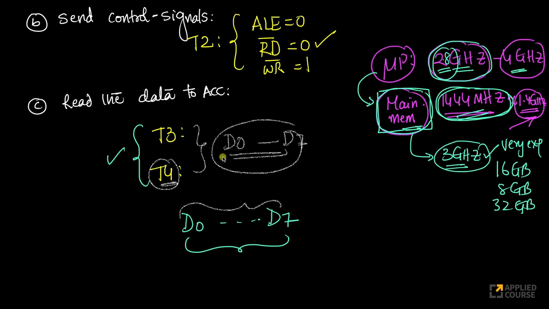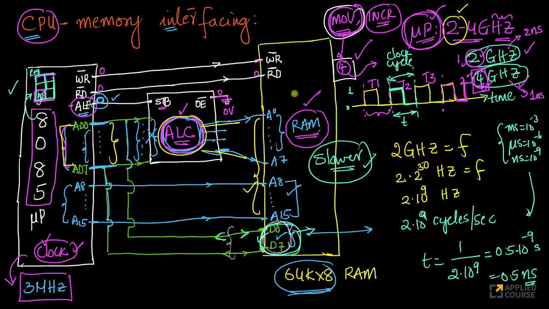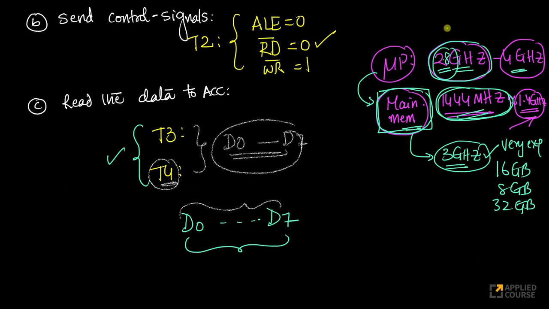So this whole thing is called the machine cycle. It's very, very important to get these concepts right. Remember that most RAMs are slower than your microprocessors. If you open up your laptop or smartphone and check the processor speed, you'll see speeds like this, while main memory or RAM speeds are typically like this.